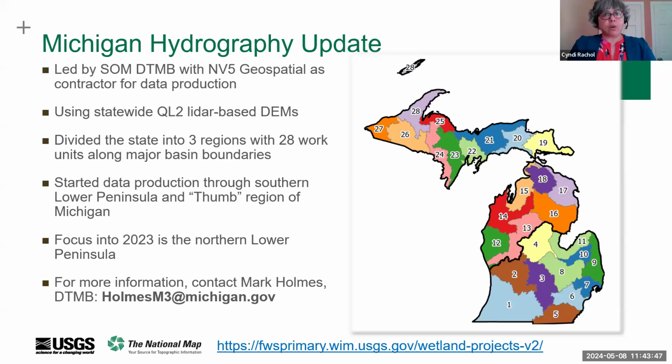All of these regions are along major basin boundaries. They started their data production in the Lower Peninsula and the Thumb region of Michigan. The focus this past year, 2023, has been in the Lower Peninsula, and towards the end of 2023, they shifted north into the Saginaw Basin and further north into the northern Lower Peninsula. So this is a state-run effort.